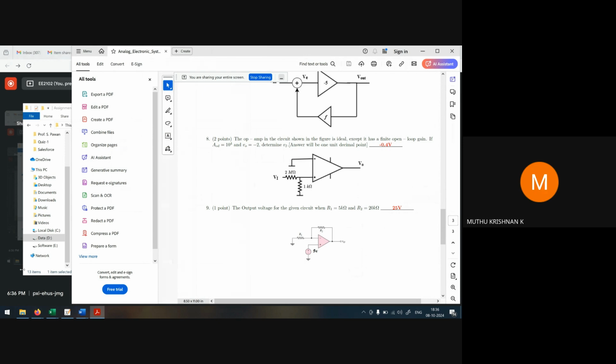When we say ideal, no current will be going inside the input. There is no feedback in the operational amplifier, so how do we get the output voltage?